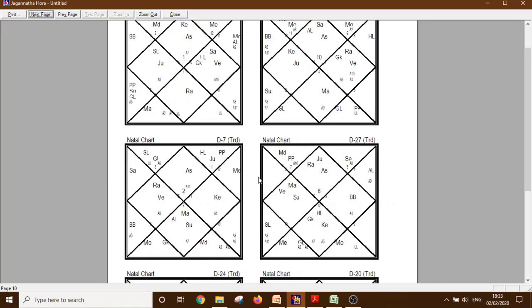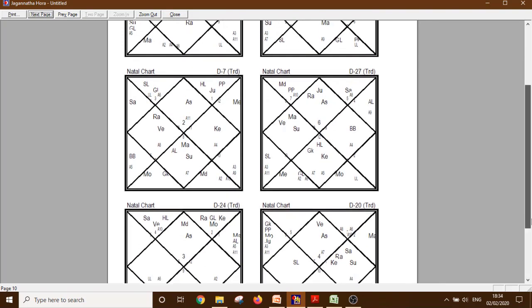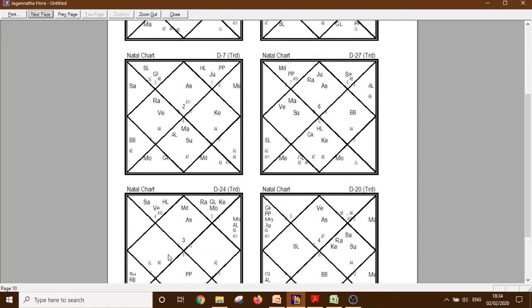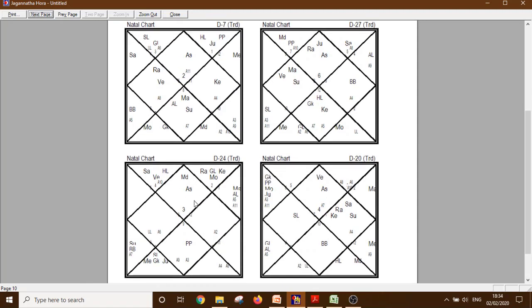You have D27, which is more for analyzing the physical strength and stamina of an individual. Then you have D40, D24. This is for education, if you want to analyze the education side of a native, then you look here.